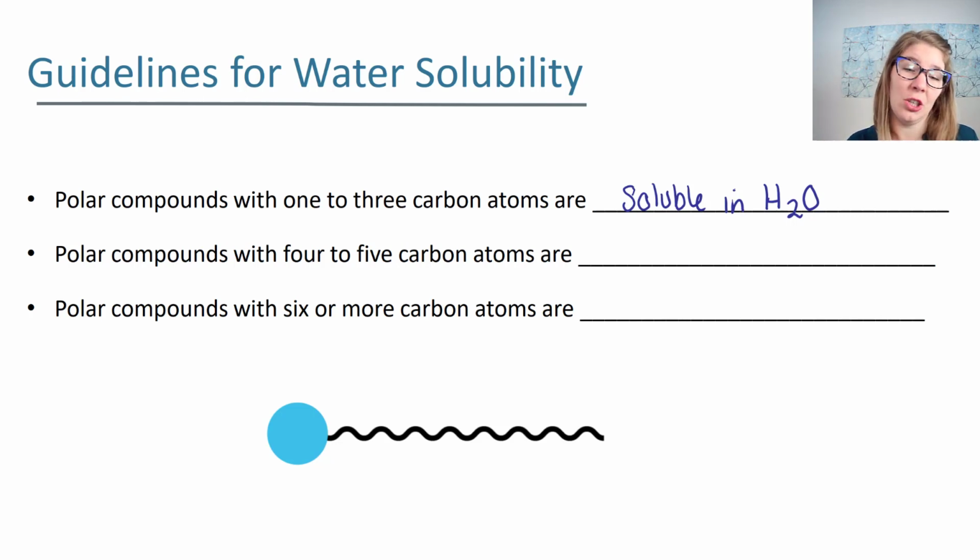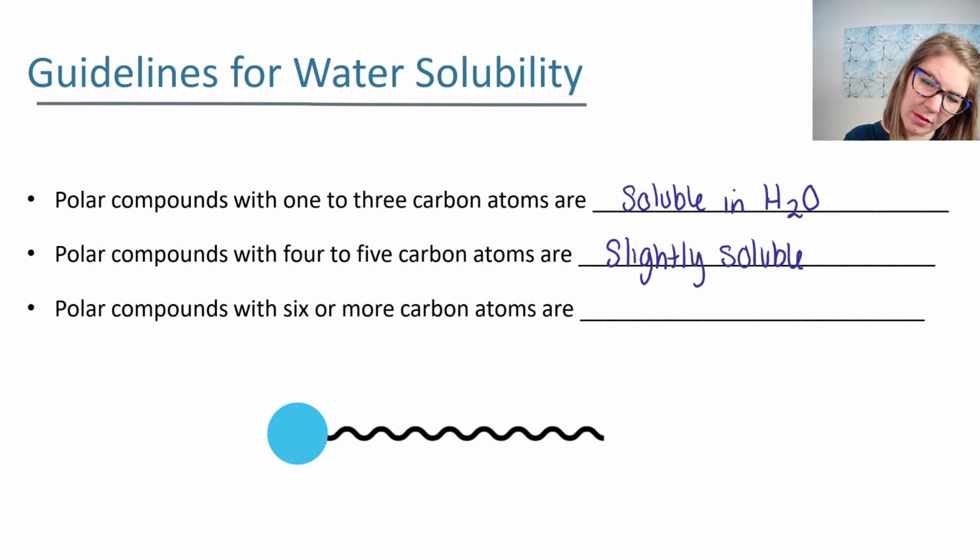Once you start getting to 4 or 5 carbons, water solubility gets a little bit more difficult. They end up being slightly soluble in water. And then once you have polar compounds with 6 or more carbon atoms, these are going to end up being generally insoluble in water.